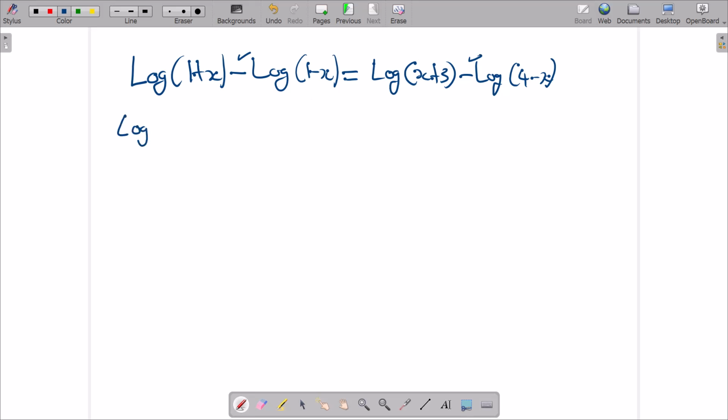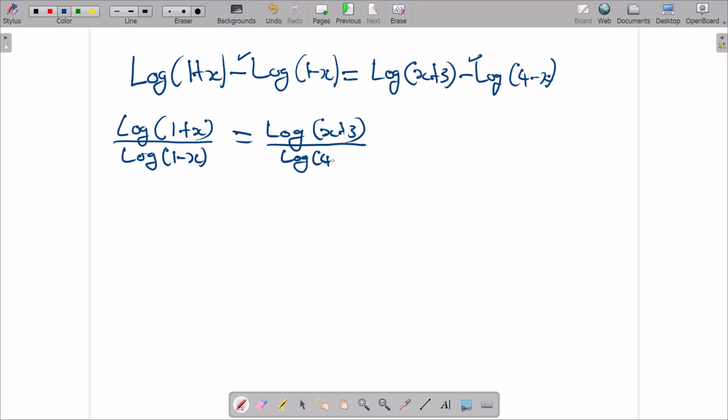So it will be log bracket 1 plus x bracket all over log bracket 1 minus x, which is equal to the right hand side, log bracket x plus 3 bracket all over log bracket 4 minus x bracket. It means we can simplify for the log after factoring out.